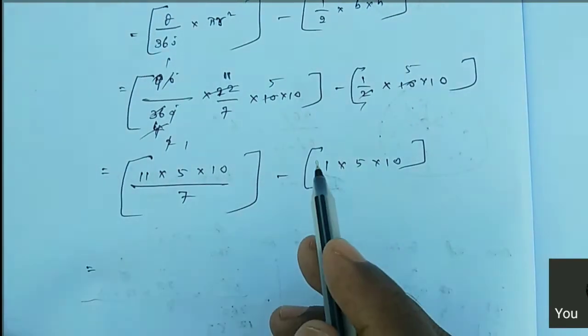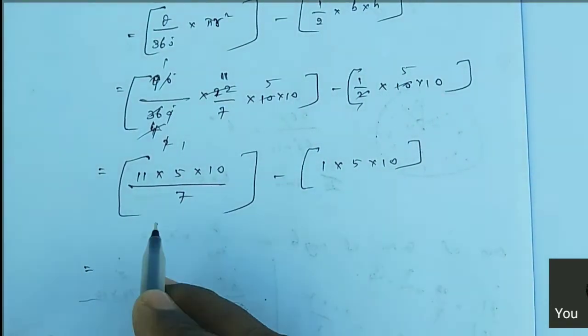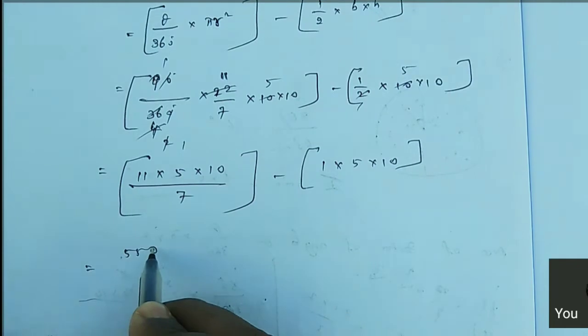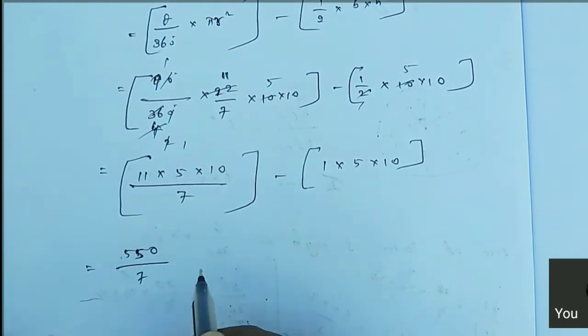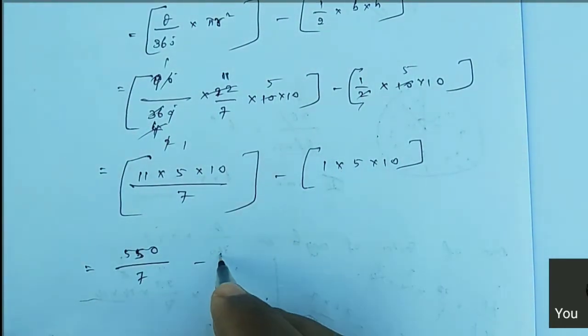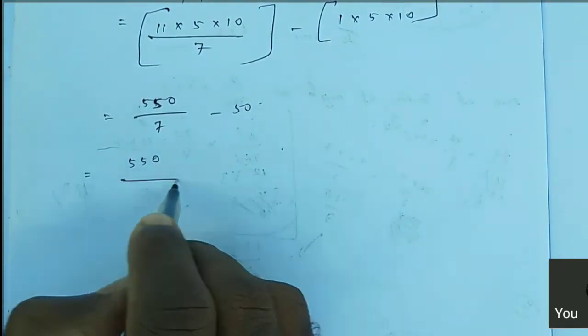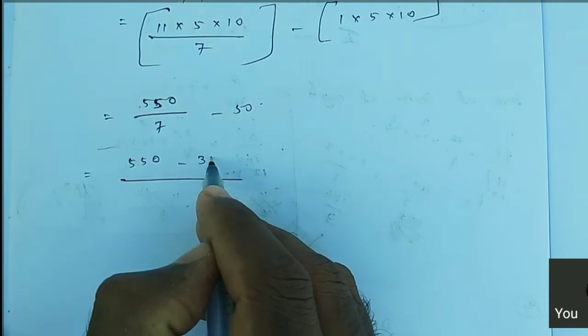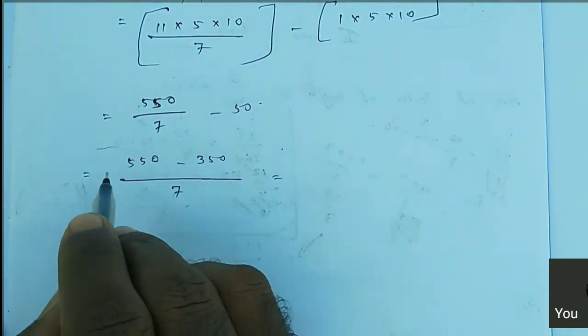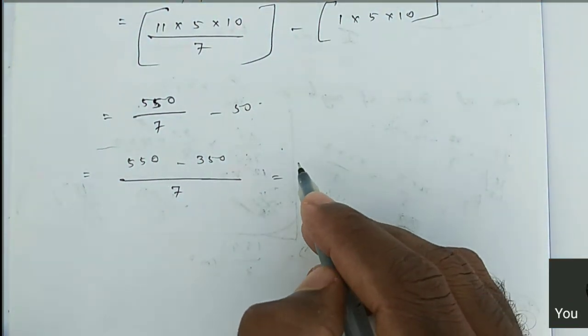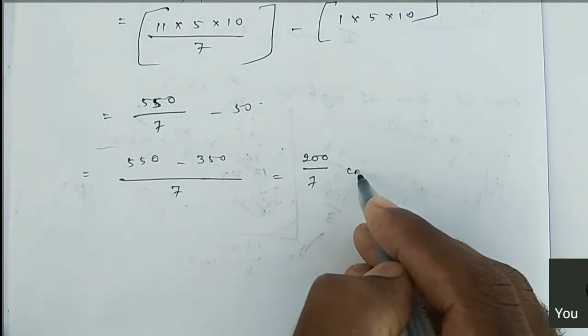Now 11 5s are 55, 55 into 10, 550 by 7 minus 50. Now take LCM and solve it. 550 minus 350 divided by 7. The answer is 200 by 7 centimeter square.